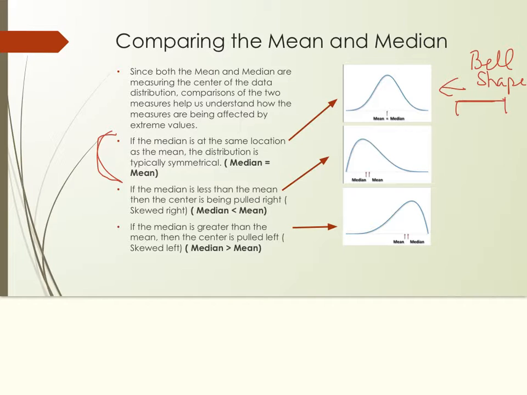If the median is less than the mean, then the center is being pulled to the right. Here is the median, and here is the mean, and you can see that the mean is being pulled to the right. We call that skewed right.